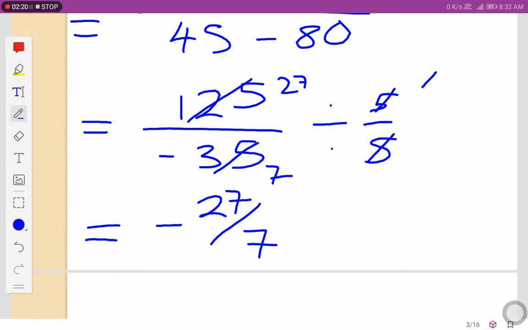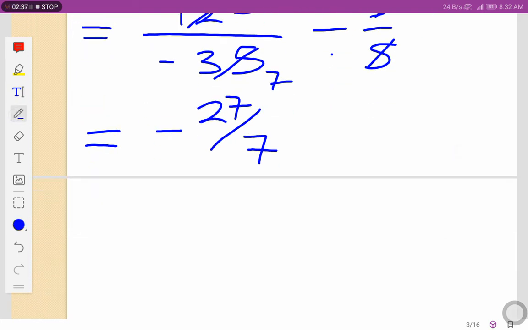Okay, if you want to leave it as a decimal, 7 can go into 27 4 times.